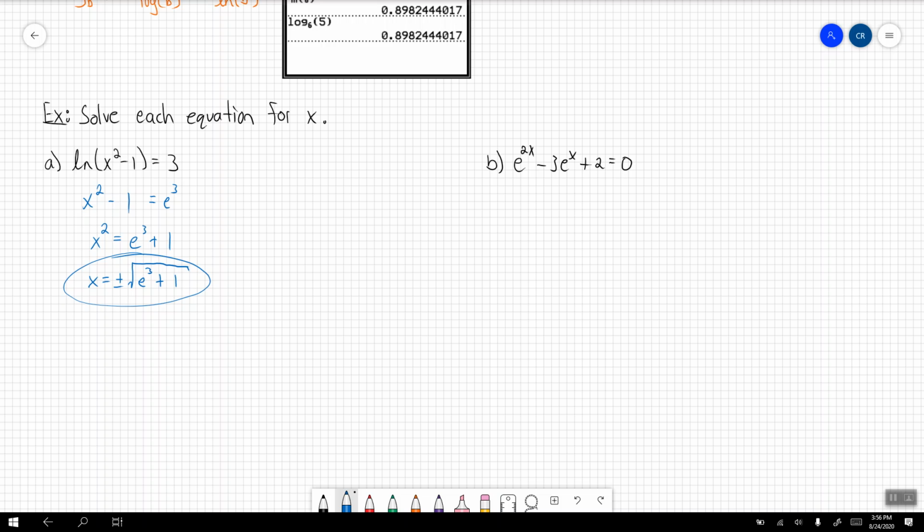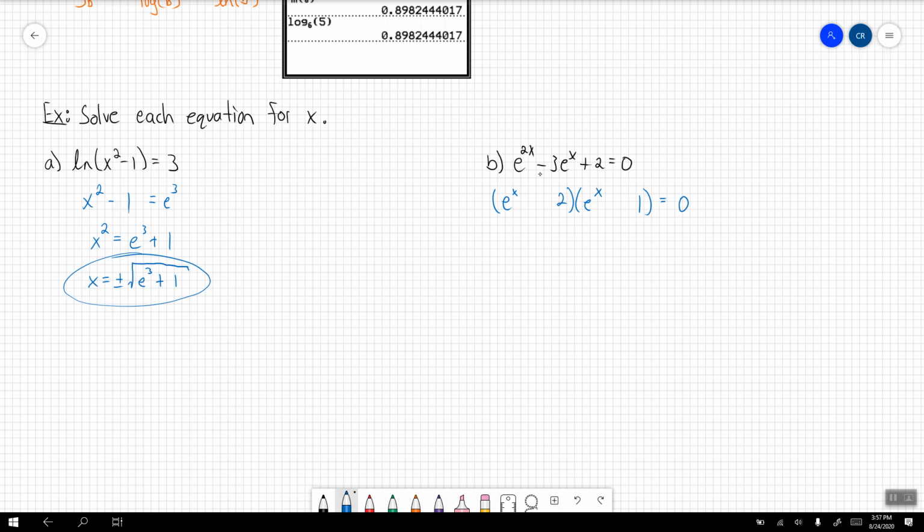So what I'm going to do is factor that quadratic. Factoring this quadratic will give me e to the power of x and e to the power of x as my leading terms for my binomials. The last terms are going to be 2 and 1.